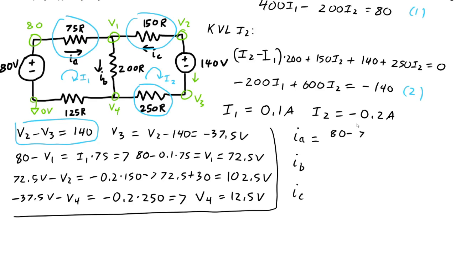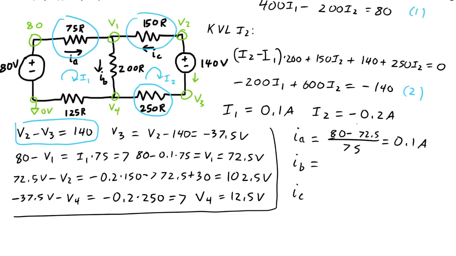V1 is 72.5 divided by 75, which if math works out, it should be 100 milliamps. 5 divided by 75. Yeah, so 0.1 amps. And as you'll notice, that is the same value as our mesh current. So we don't really have to do that if we don't want to.